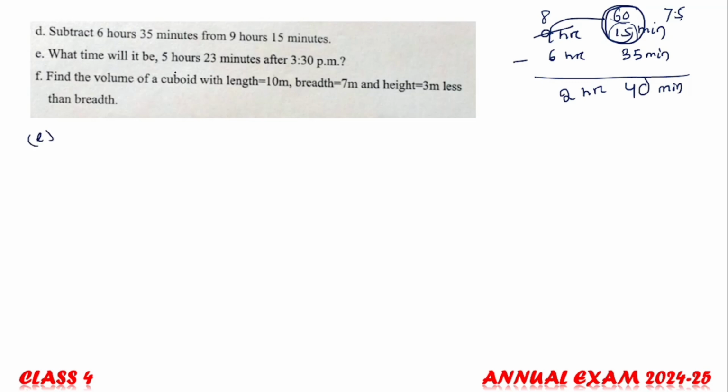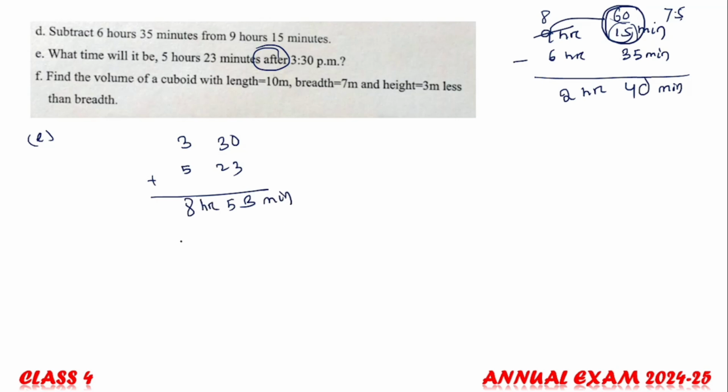What time will it be 5 hours 23 minutes after 3:30? So first of all we write 3:30, then 5:23. So simply addition, because here it says after. So 3 plus 5 is 8, means 8 hours 53 minutes.